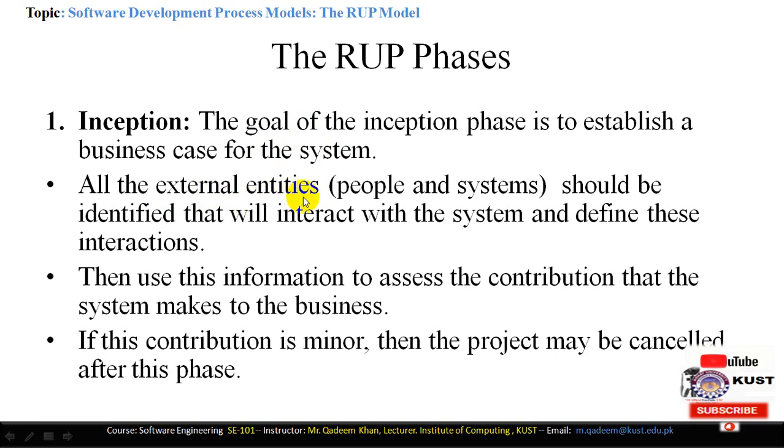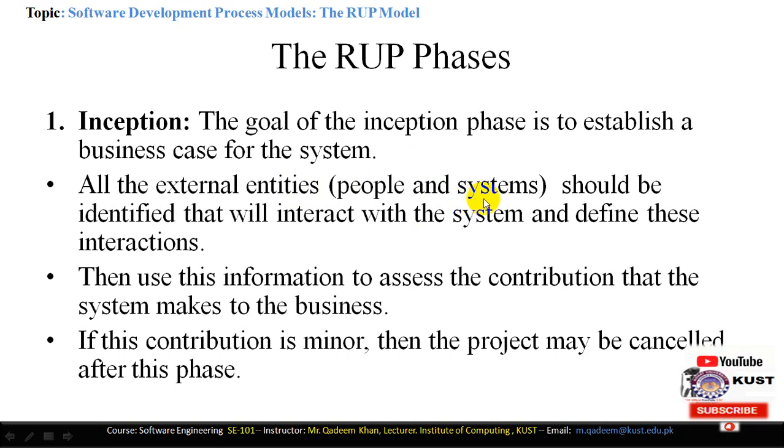All the external entities, including the people and systems, should be identified, and these will interact with each other to define the systems and the services. So here, all the entities means that people is one of the entities, and similarly the other systems which will interact with our product are also entities.